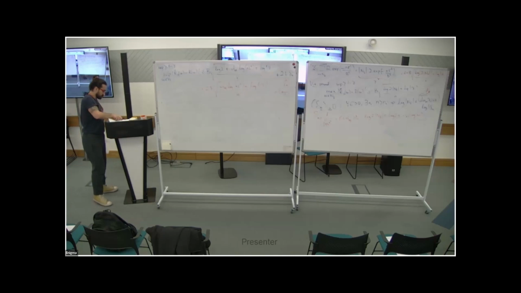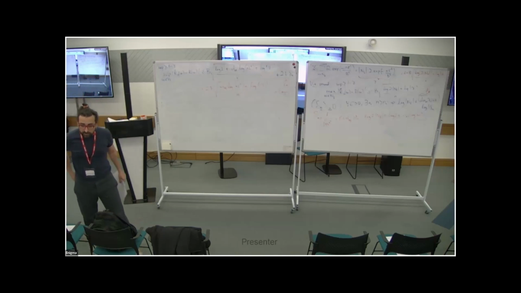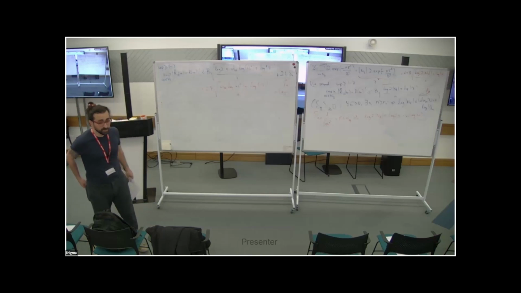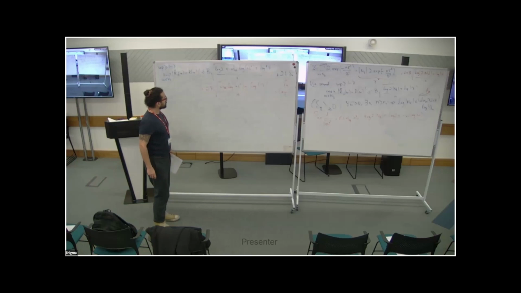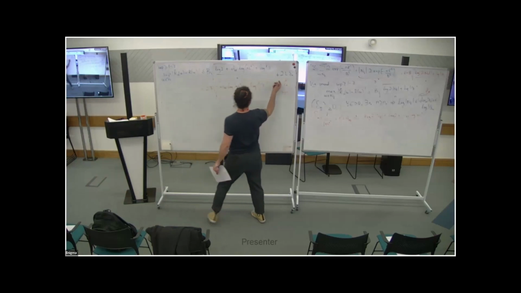You can put any number bigger than 1 instead of 2. Yeah? Sorry? The factor 2 at the beginning. You say 2 times b, but instead of 2, you can put 1 plus another epsilon. I'm not sure. Yeah, I mean, I'm just choosing to simplify things.